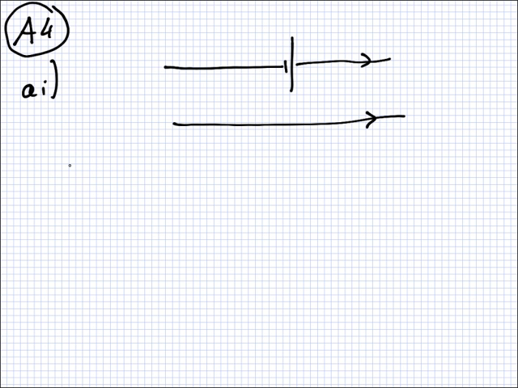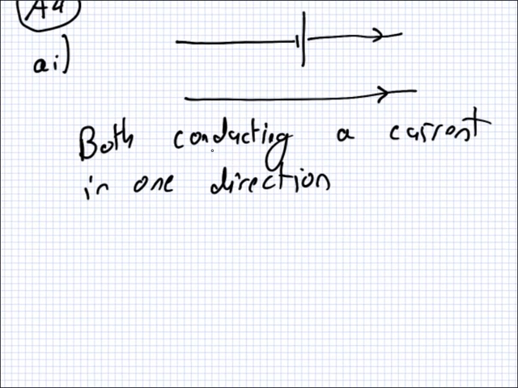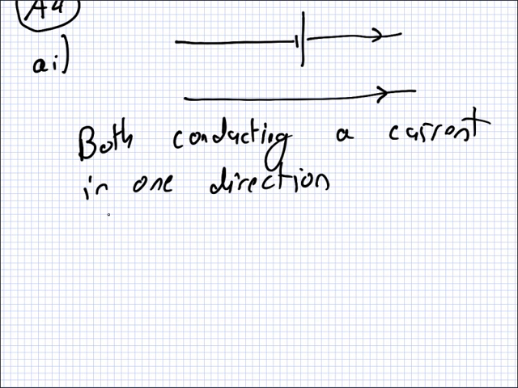So they're both conducting a current in one direction. I don't know, did they say that? If they don't say it, then I don't know. They didn't say anything about the same value. Yeah. But what's the difference? That's a similarity, but what's the difference?